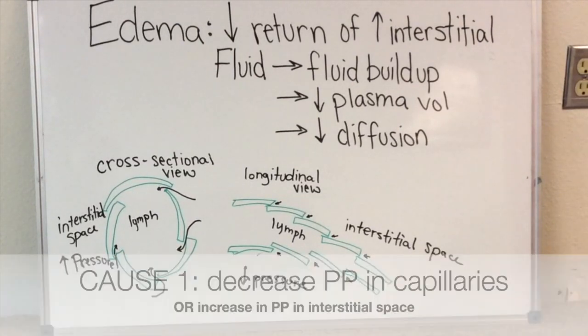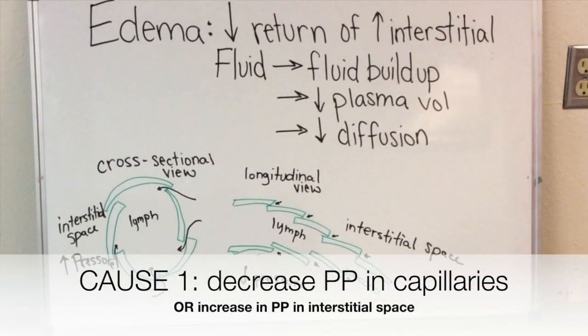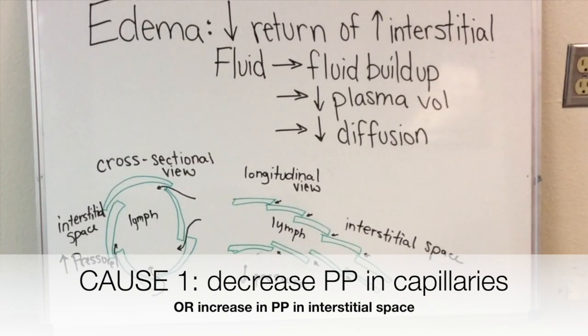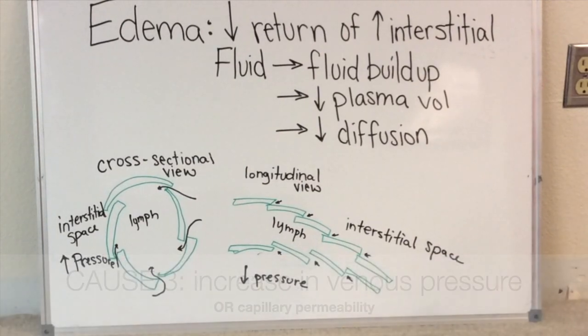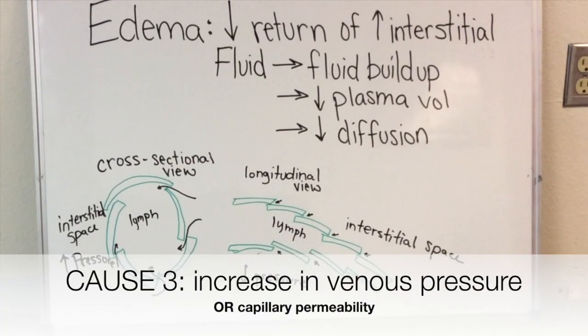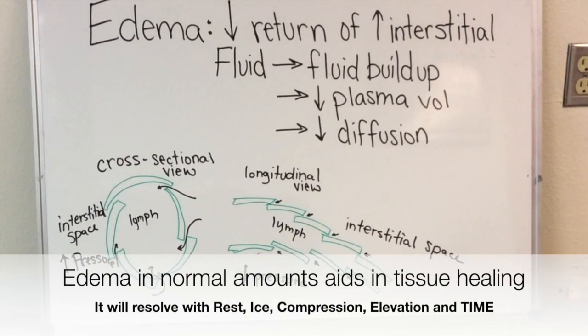This can be caused by a change in plasma protein concentration, either an increase in the interstitial fluid or a decrease of plasma proteins within the blood, by an increase of pressure at the capillaries, leading to more fluid being pushed out of the capillaries, or an increase in permeability of the capillaries, or an increase in venous pressure, which would lead to less of a pressure drop between the arterial and venous side, and more fluid being forced out of the capillaries. Edema in small quantities is not a concern. Eventually, our body rids itself of this excess edema over time.